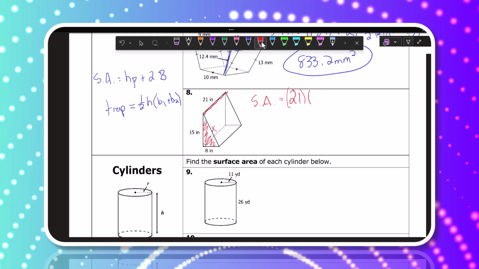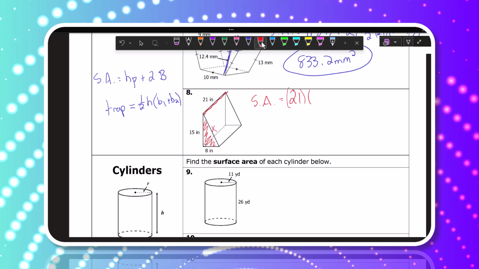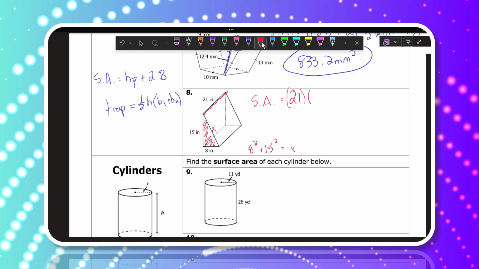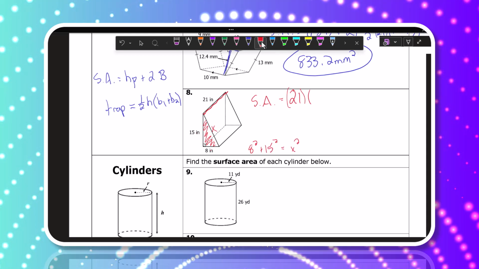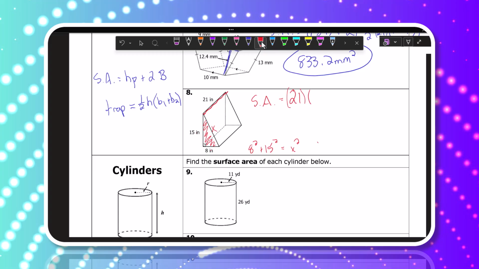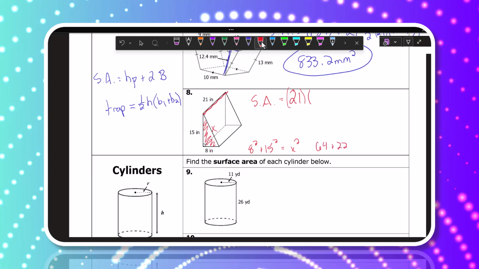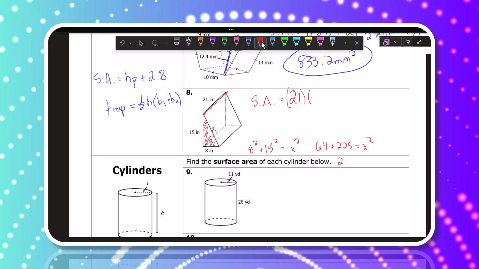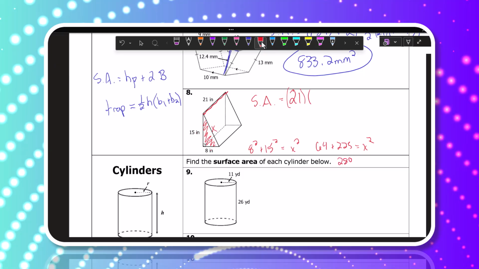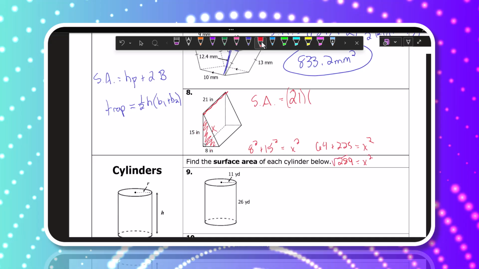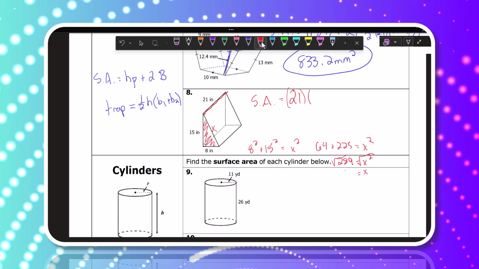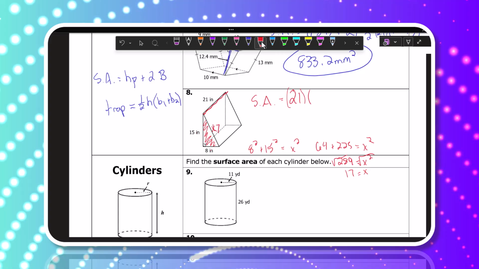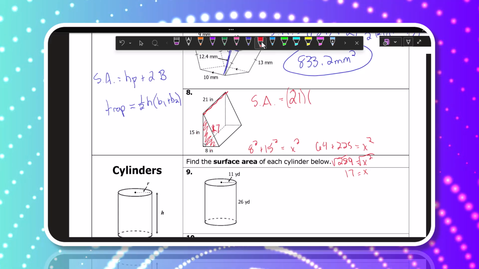So that's our hypotenuse, so it'll be 8 squared plus 15 squared equals x squared. So that's 64 plus 225 equaling x squared. That's 289 equals x squared. We square root it, and x is 17.